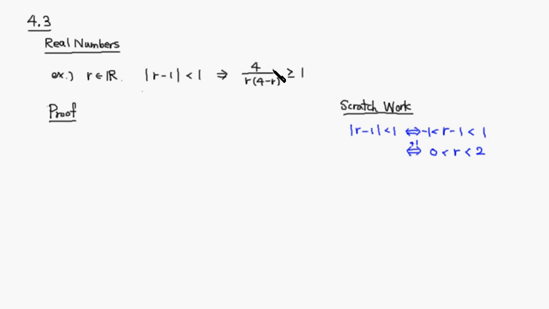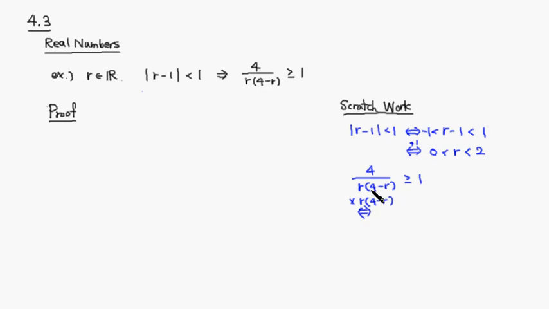Then let's look at the conclusion. What do we need to get at the end? 4 over r times quantity 4 minus r is greater than or equal to 1. I don't like fractions, so I'm going to multiply by r times quantity 4 minus r. We know that since r is between 0 and 2, r is positive, and 4 minus r is positive.